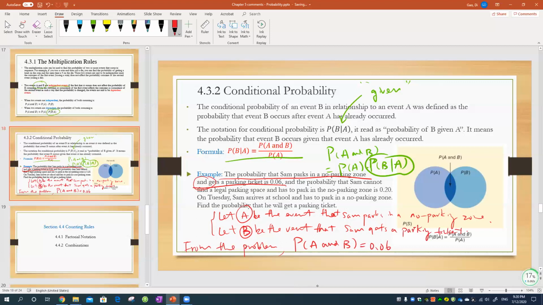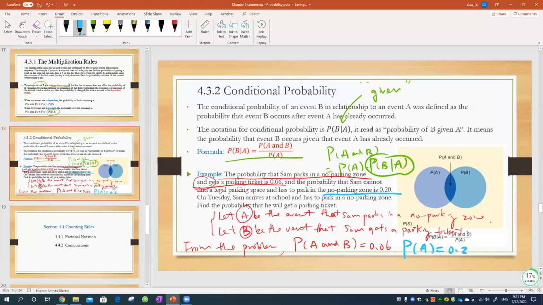And then it states that the probability that Sam cannot find a legal parking space and has to park in the no parking zone is 0.2. So that means probability of A equals 0.2, because Sam has to park in the no parking zone, 20% chance.